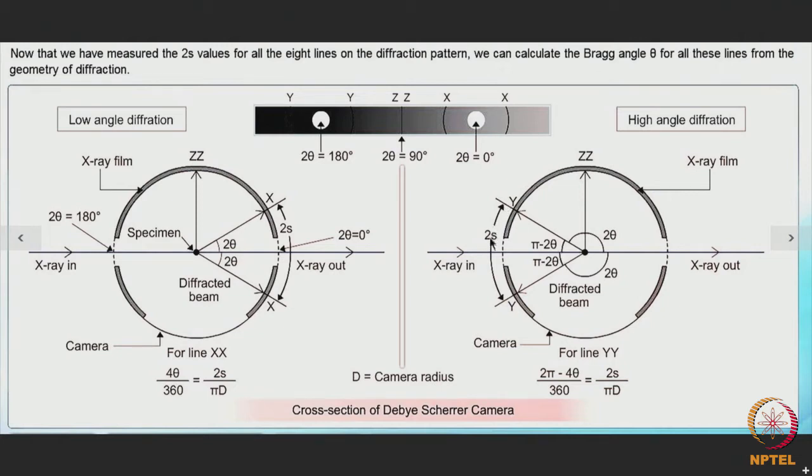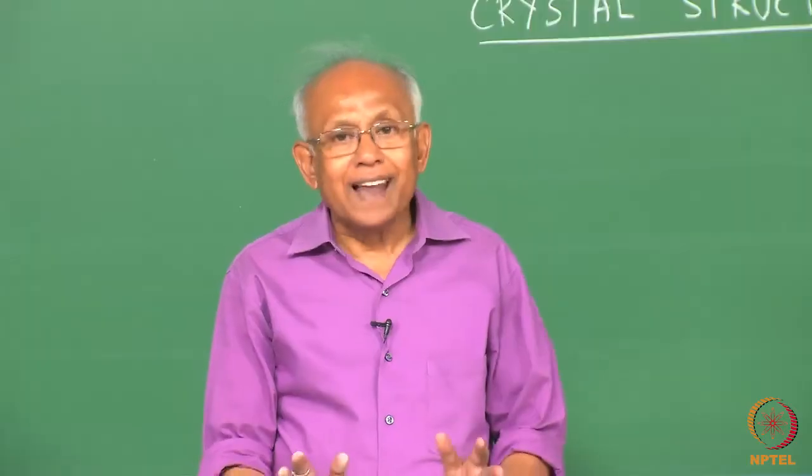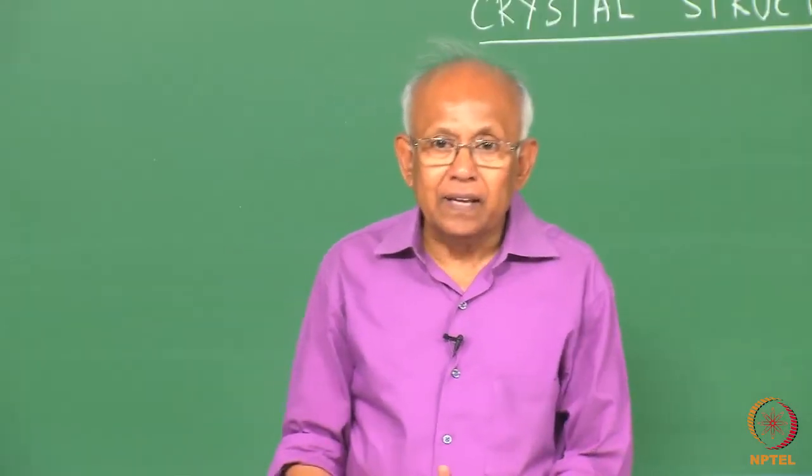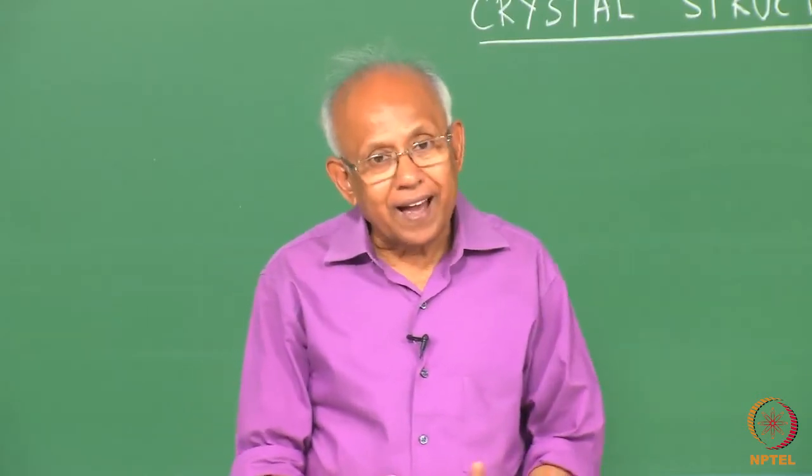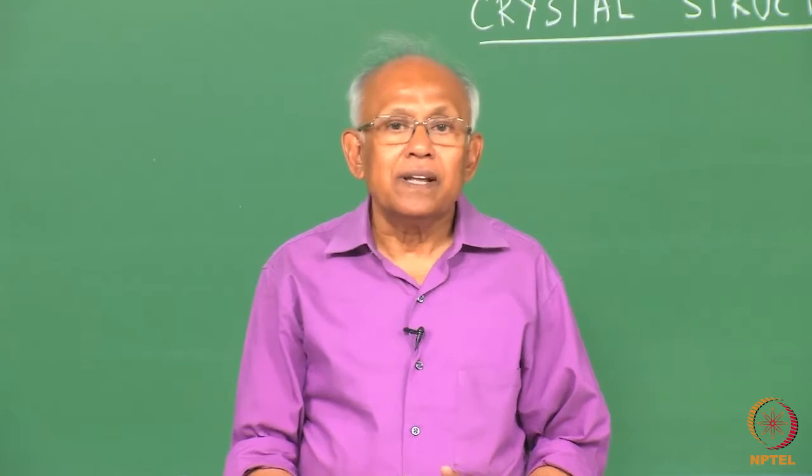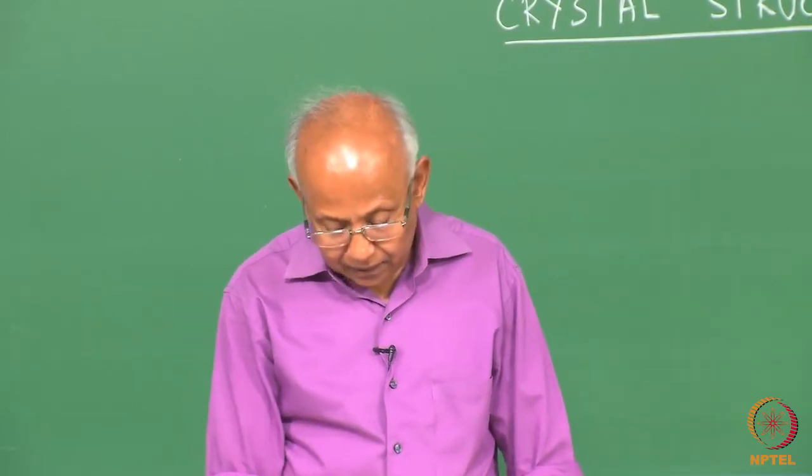So, if we measure the distance between this line pair as 2s, and divide it by pi d, it will be equal to 2 times pi minus 2 theta, which is 2 pi minus 4 theta, divided by 360. From this relationship, since s has been measured and d is known, we can easily find out the value of theta, the Bragg angle. So, in this way, for all the lines in the pattern, whether on the low angle side or the high angle side, we can find out the value of theta, the Bragg angle.